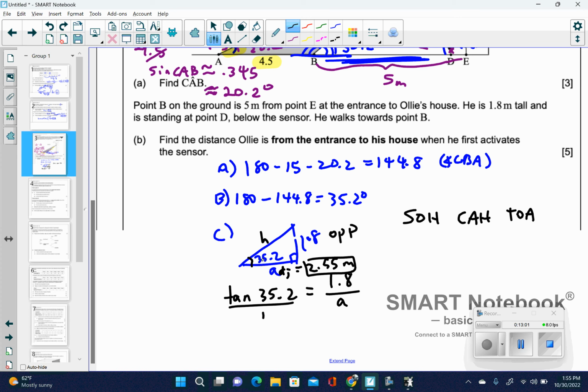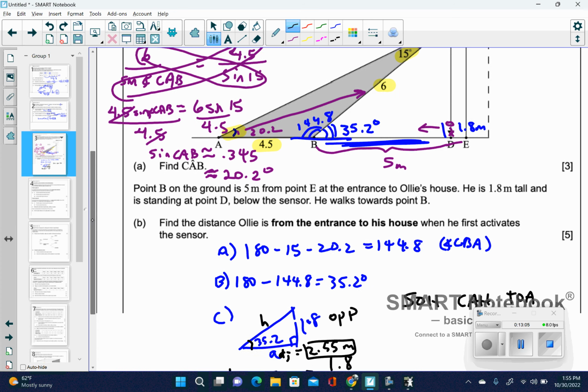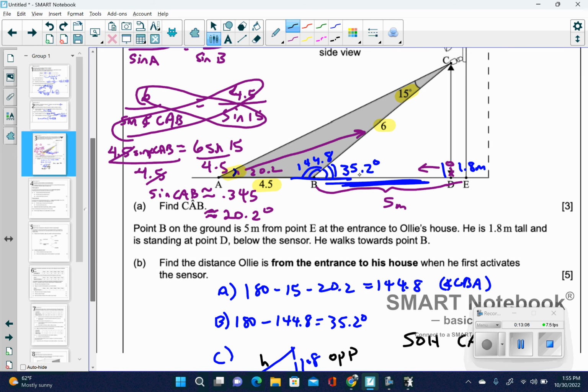Okay, so now we found out that this distance right here is about 2.55. So we know that the whole thing, from B to E, is going to be 5. And we just found out that this distance right here is 2.55.